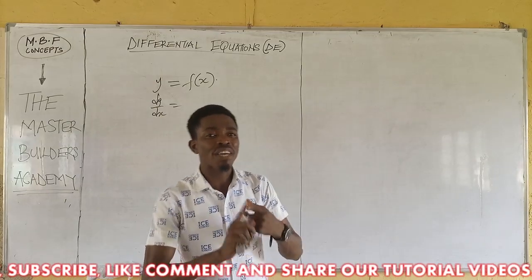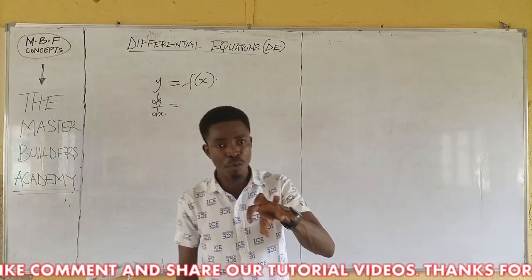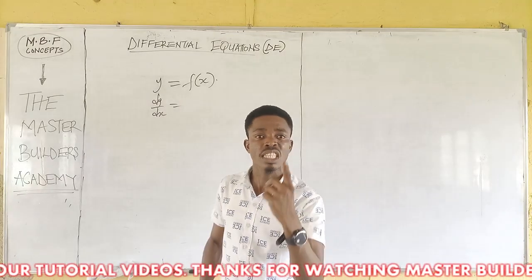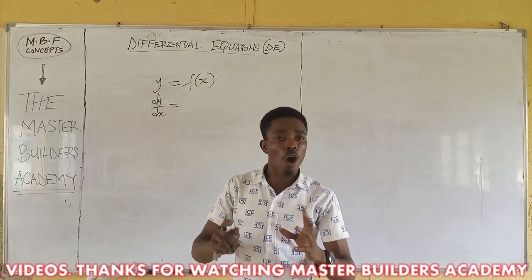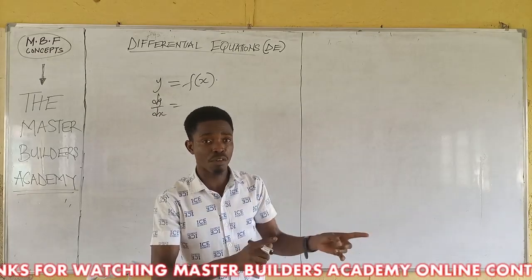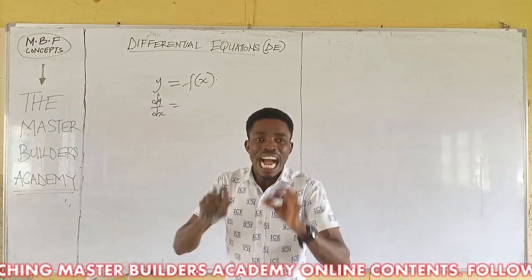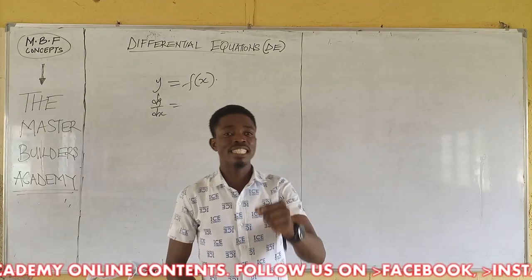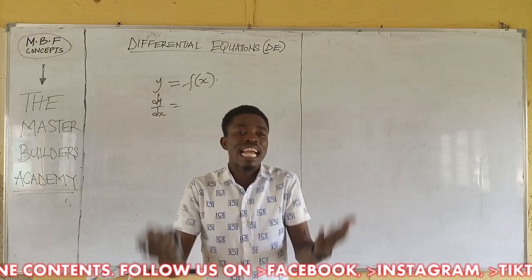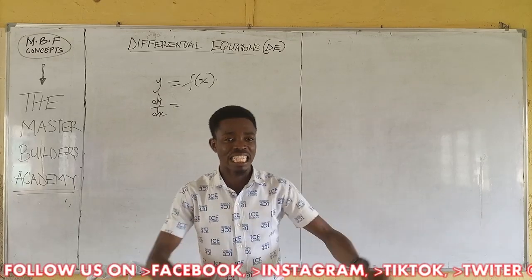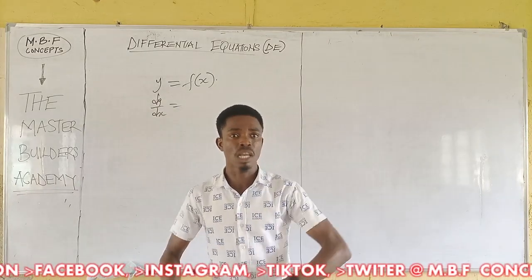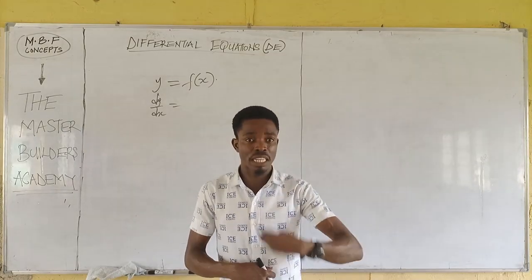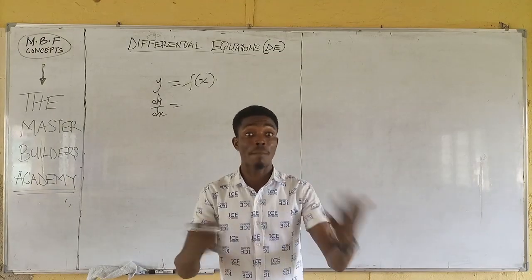The order of a differential equation is given by the highest derivative involved in the equation. When I mean higher derivative, of course we know we have higher derivatives under differentiation: first derivative, second derivative, third derivative, fourth derivative, and nth derivative.